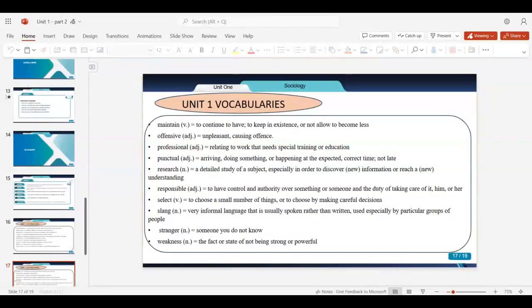It shows weakness when we are not strong. So it's a kind of state or fact. These are all the vocabulary, and we discussed the word form for all of them, and the meaning as well.